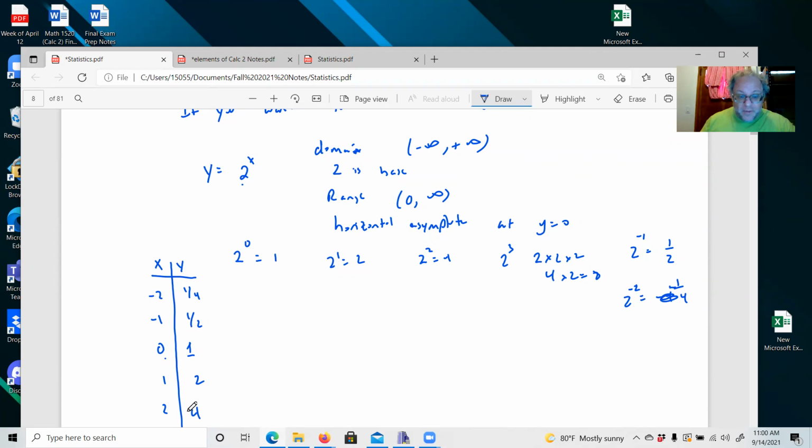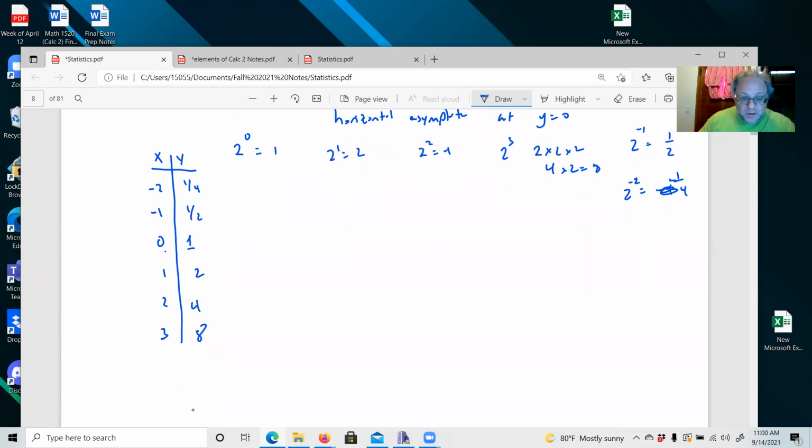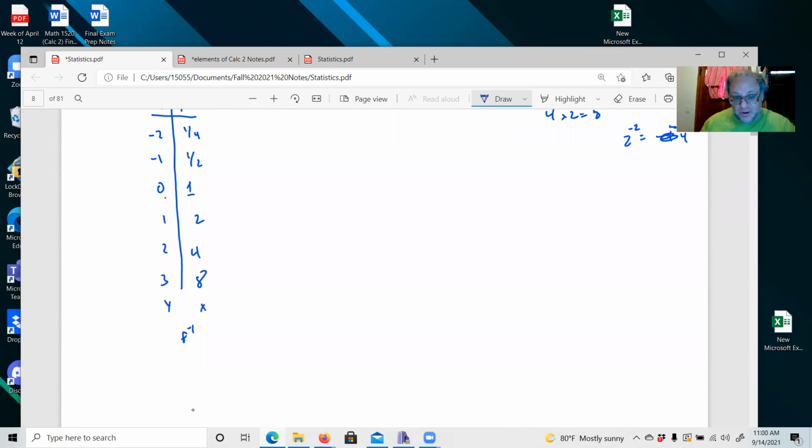Now, in the inverse function, remember what we're doing: the x's become y's, the y's become x's. So in f inverse, these are your x's, and those are your y's. I'm just going to redraw it because it's easier to think that way.